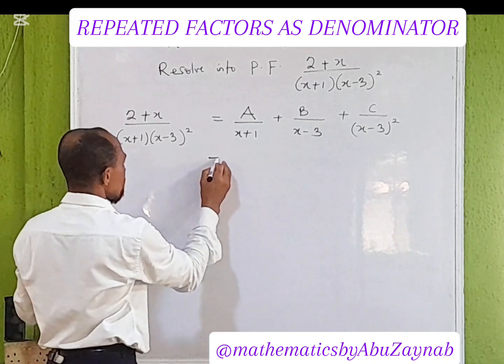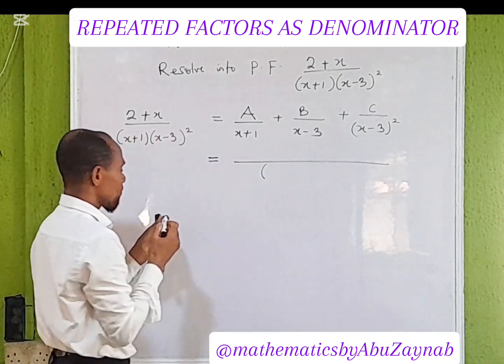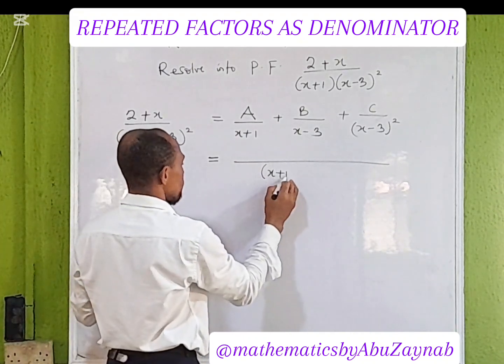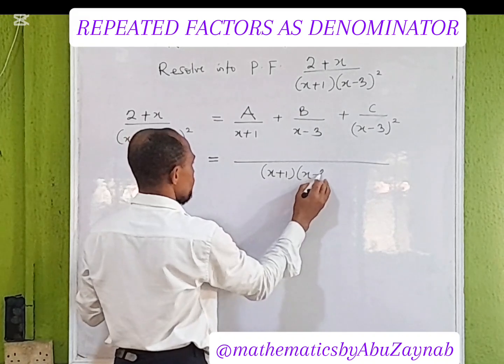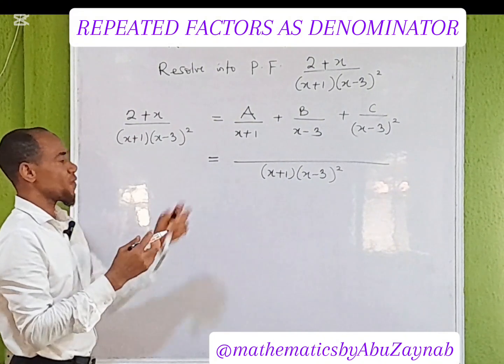So as usual, what we do here is to find the LCM. The LCM of x plus 1, x minus 3, and (x - 3) squared is simply (x + 1)(x - 3) squared. As usual, we simplify this.